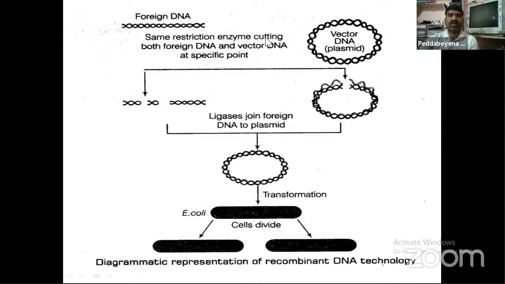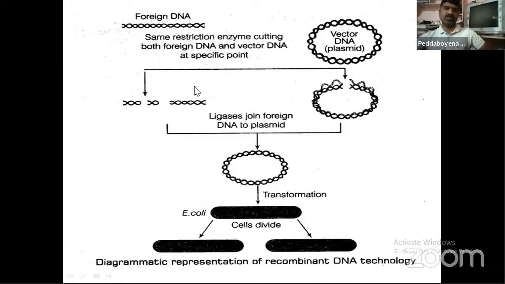After the restriction enzyme action on the foreign DNA and the vector DNA is complete, we get small fragments of the foreign DNA, and similarly we get a cut place in the vector DNA also. Here you are observing the plasmid and the foreign DNA fragments.